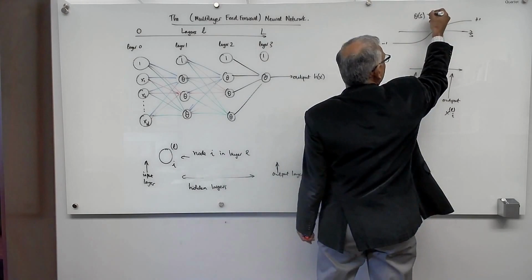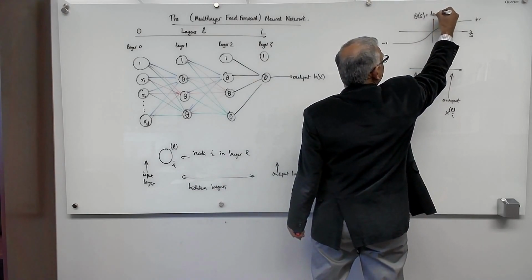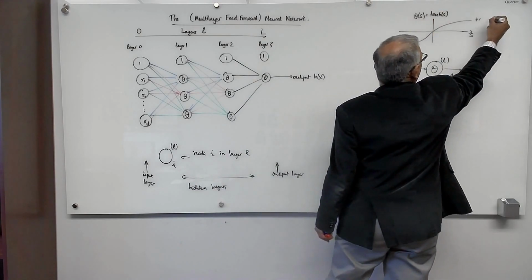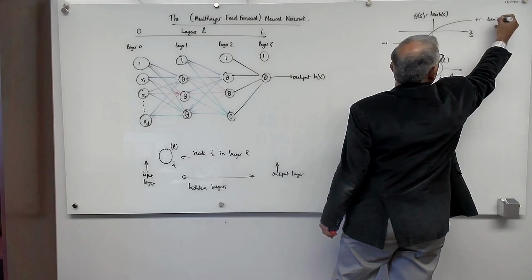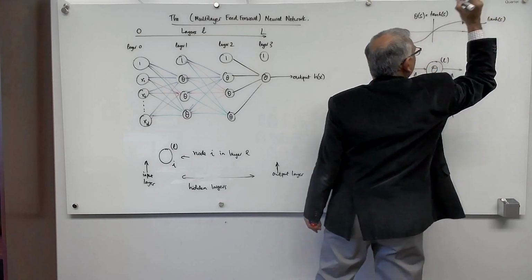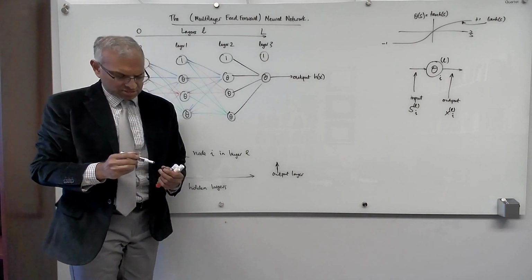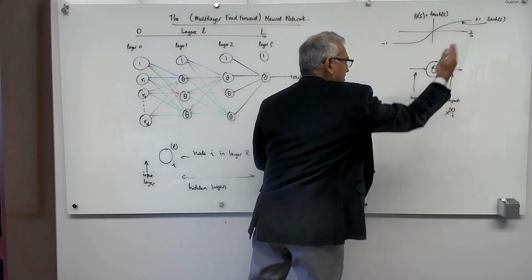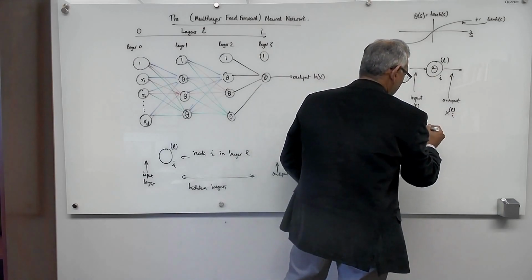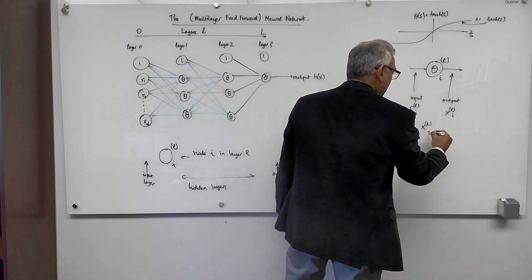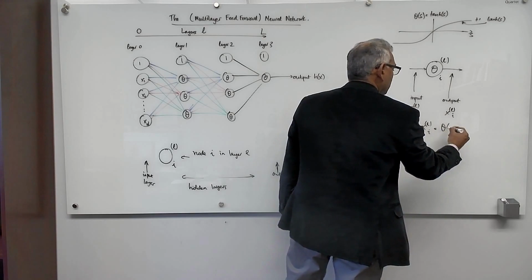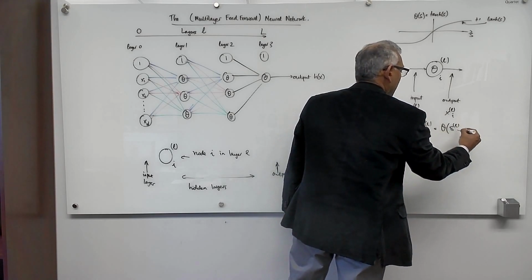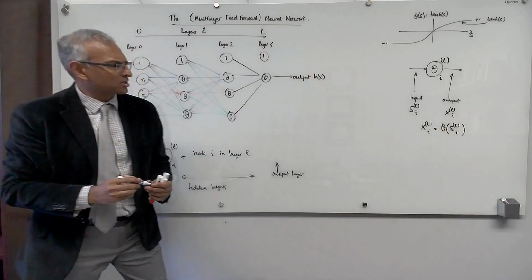A very popular choice is tanh of S, the hyperbolic tangent. This is the sigmoid that we will pretty much be focusing on. So you have an input to a node, and its output, and these are related by X_L,I equals theta of S_L,I. There's no rocket science here.